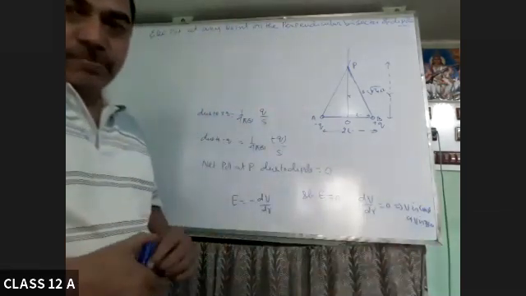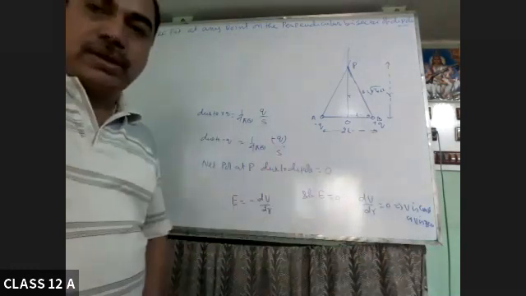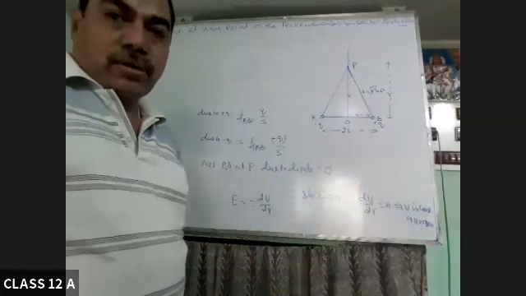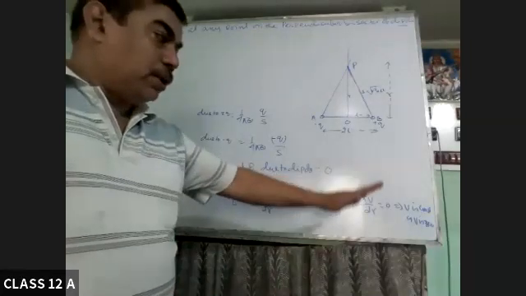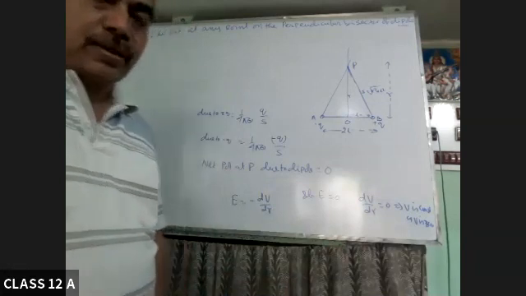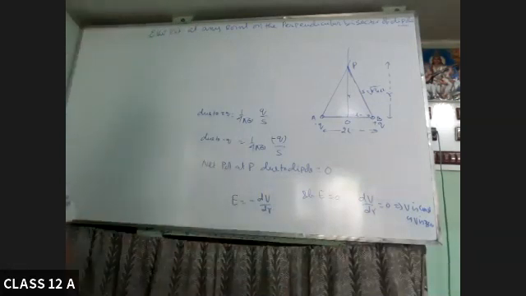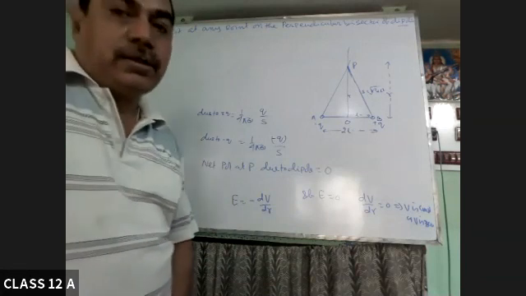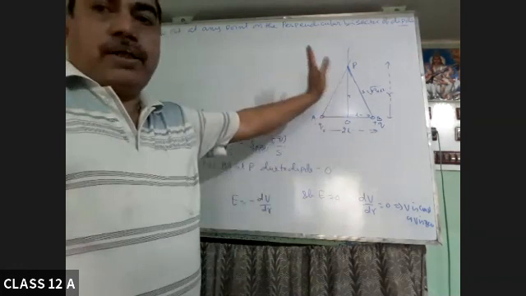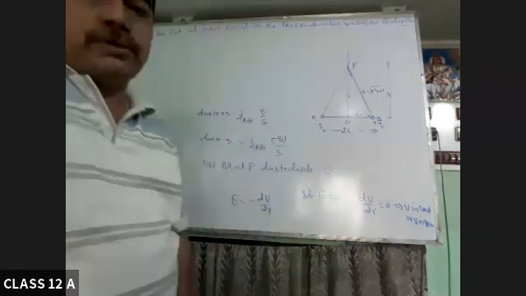If V is 0, E is not necessarily 0. Here V is 0, but that doesn't mean electric field intensity is 0.